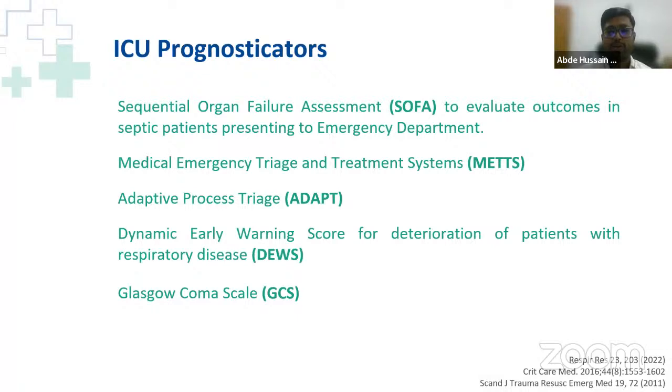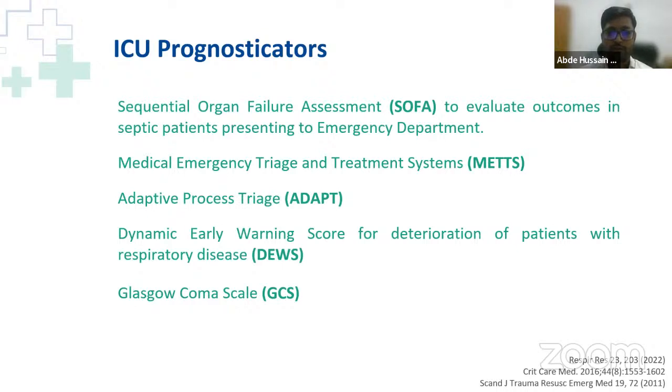So what are other prognosticators in ICU that we usually use, or the scores that we use? The first one is the SOFA, the sequential organ failure assessment, where we measure the oxygenation, whether the patient is on mechanical ventilation, his platelets, his creatinine. So all these parameters are checked, and we come to a conclusion how bad the patient is. It has various pros and cons.